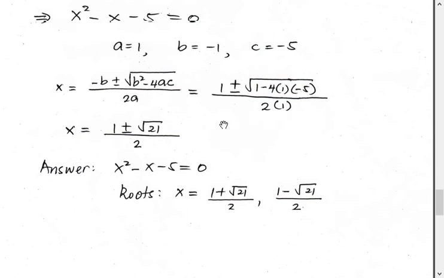So we have 1 plus or minus square root of 21 all over 2. And the roots are given here. And the required quadratic form is x squared minus x minus 5 equals 0.